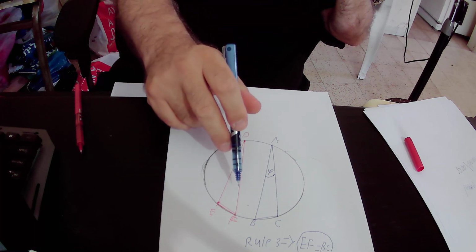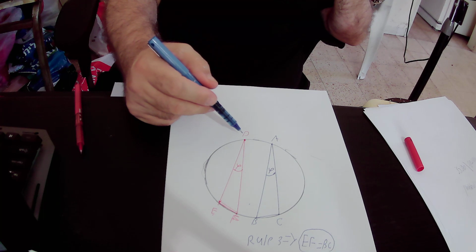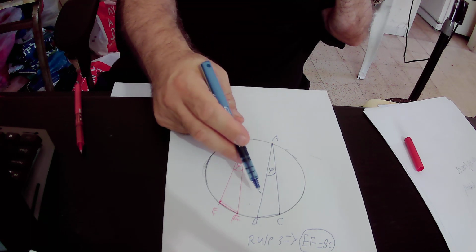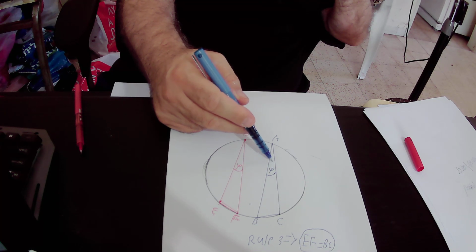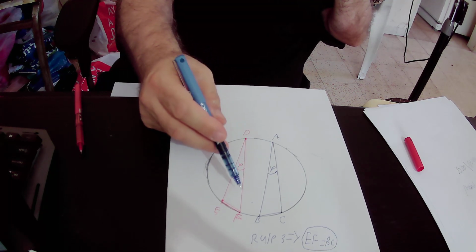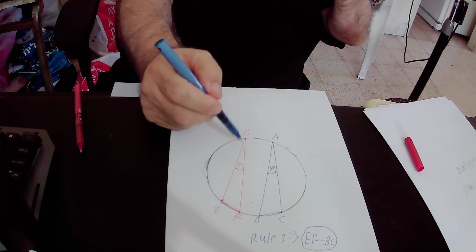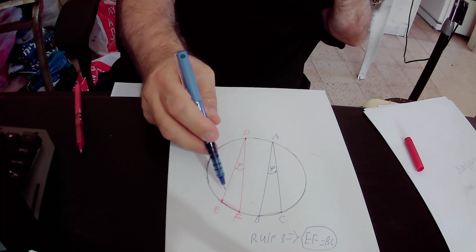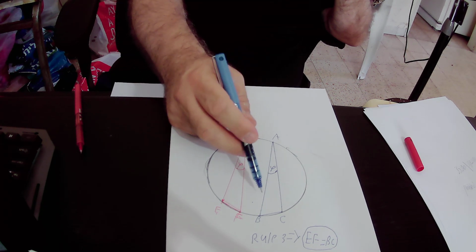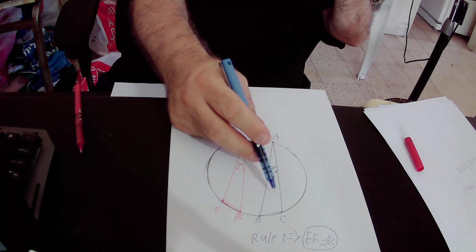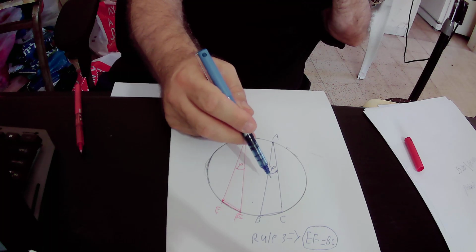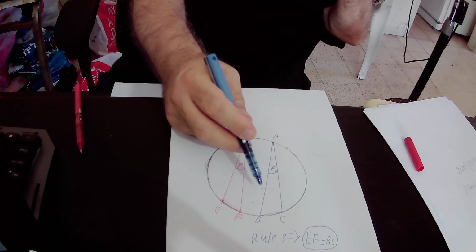That is to say, EF equals BC, or angle EDF that rests on chord EF equals the angle BAC that rests on chord BC, so they both rest on equal chords. That is to say, BC equals EF.